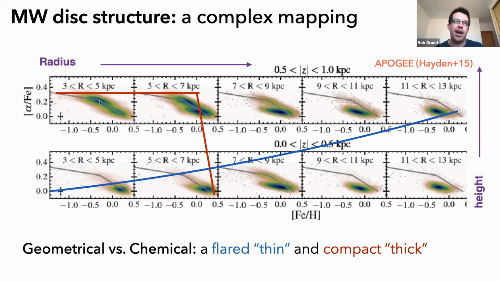If we look at the high-alpha sequence and call that a thick disk, then it is indeed quite vertically extended, but it's also radially compact. Whereas the low-alpha sequence extends quite far out into the galaxy, and it also begins to dominate at certain radii once you get beyond a certain radius. The scale height actually increases as we go out for this component. So it's quite a complex mapping between this geometrical and chemical definition of a thin and thick disk.